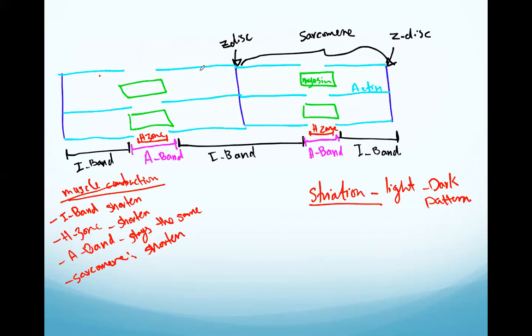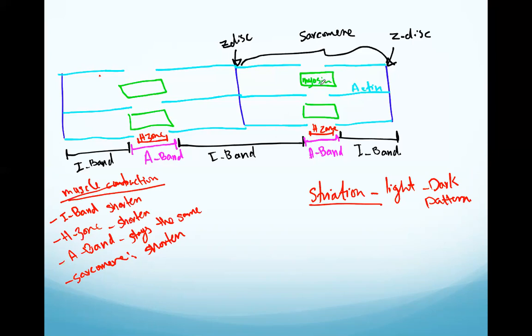On the other hand, where we have myosin, myosin is a thick filament which is going to absorb a significant amount of light, and as it absorbs, it allows less light to pass through your specimen. So these regions will appear as darker sections.